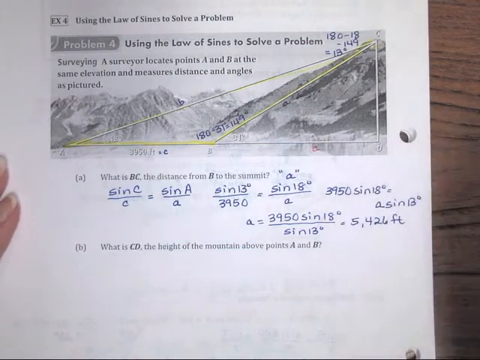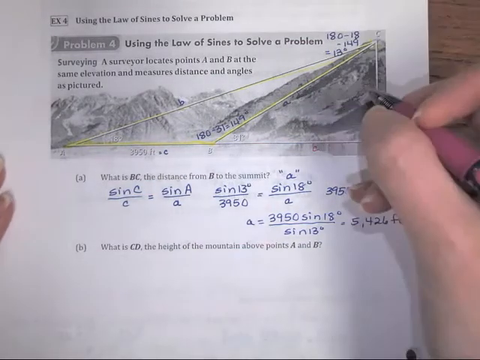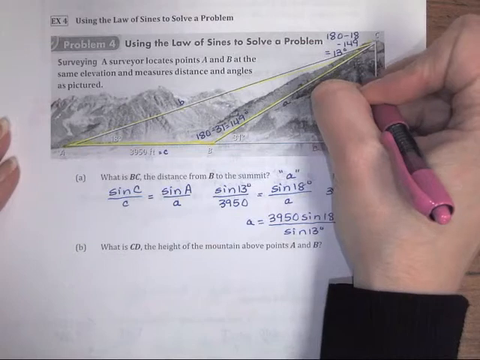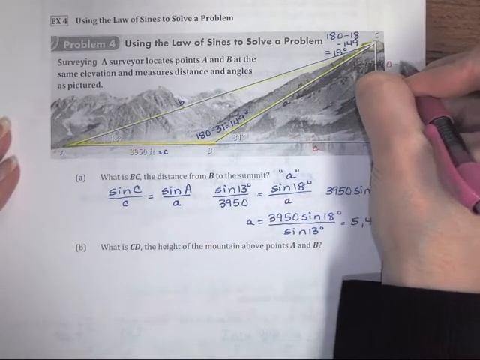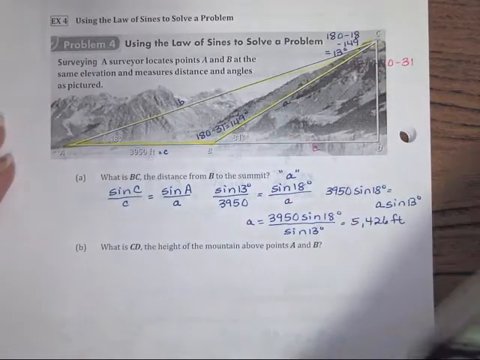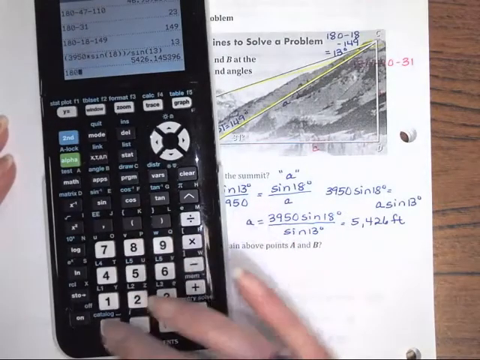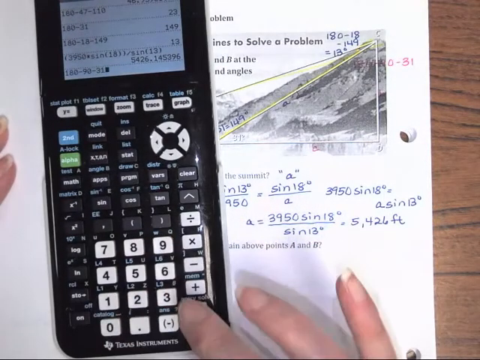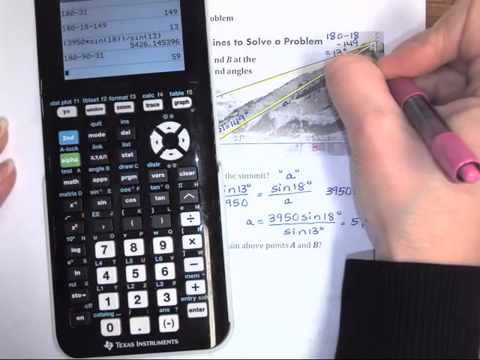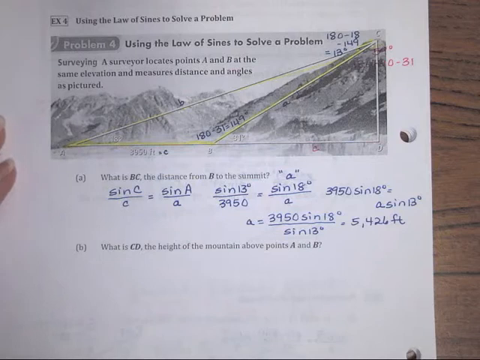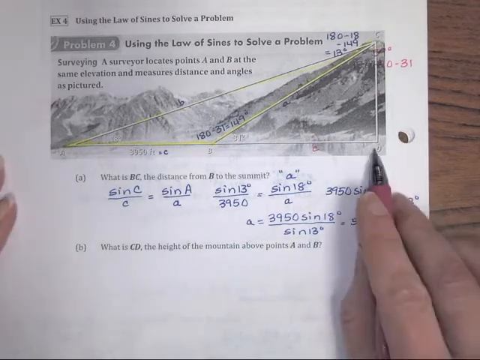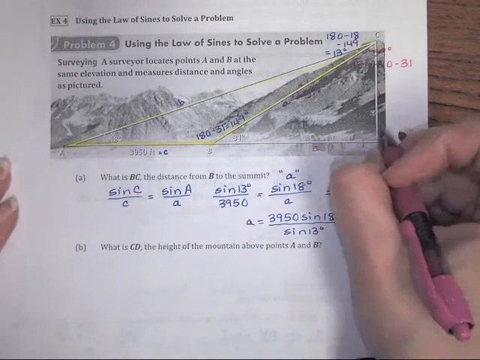How do we find this? 180 minus 90 minus 31. All right, so that gives us 59 degrees, and this guy is 90 degrees here.